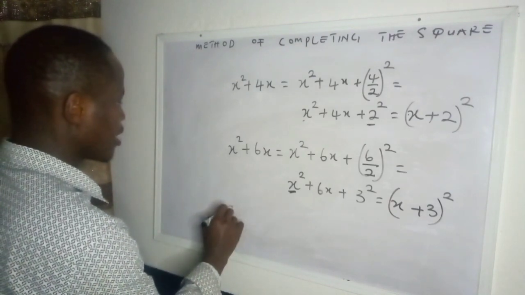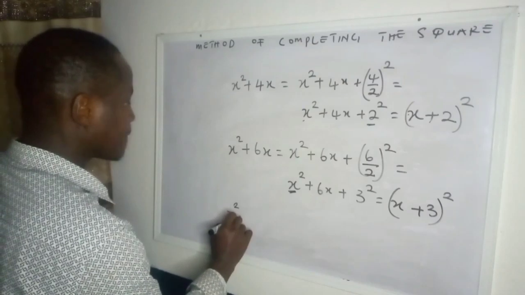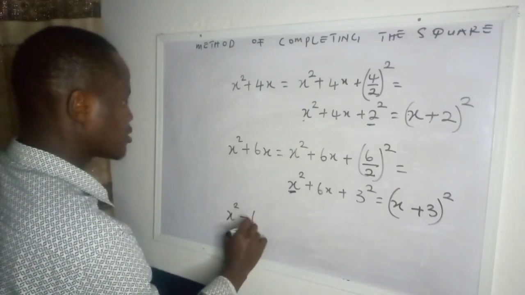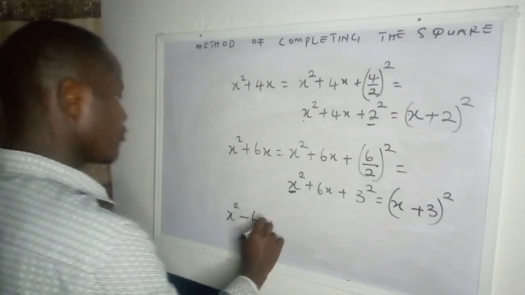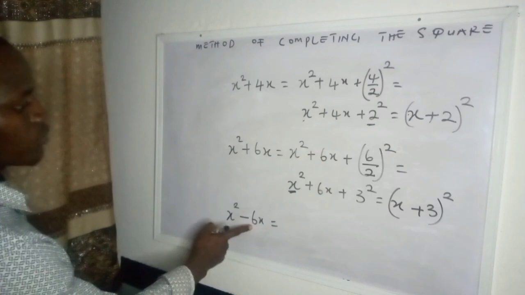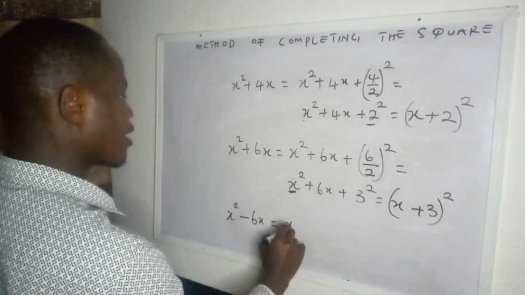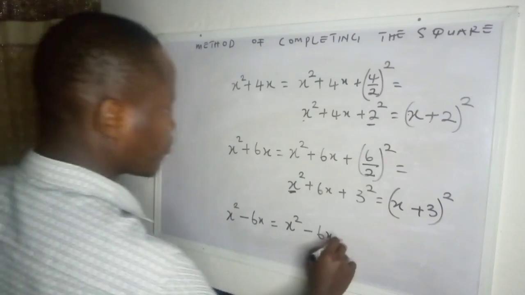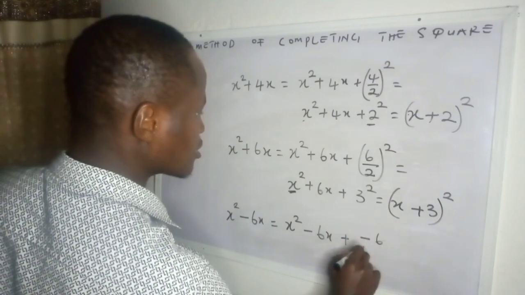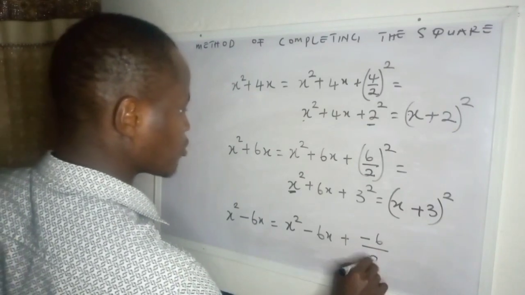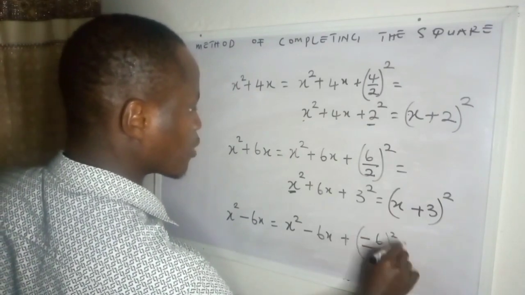Similarly, x squared minus 6x. We are going to do the same thing, add half the square of this coefficient. So we are going to have x squared minus 6x plus (minus 6 over 2) all squared.